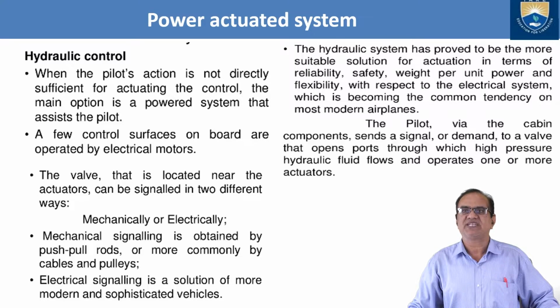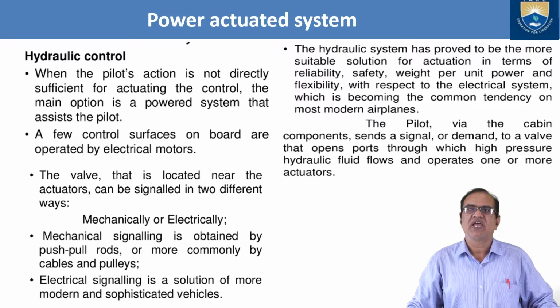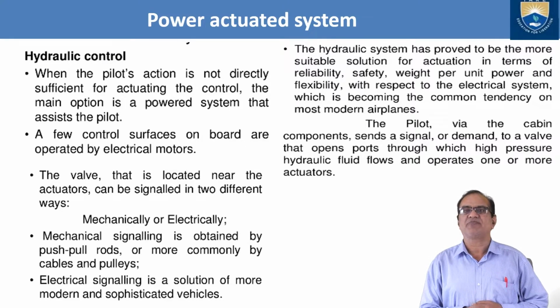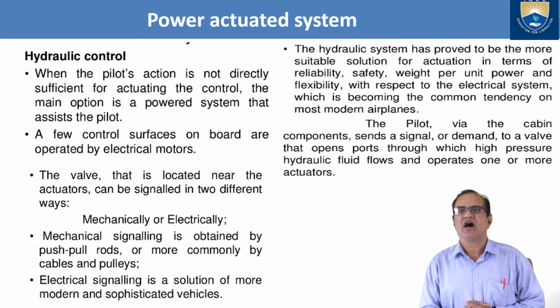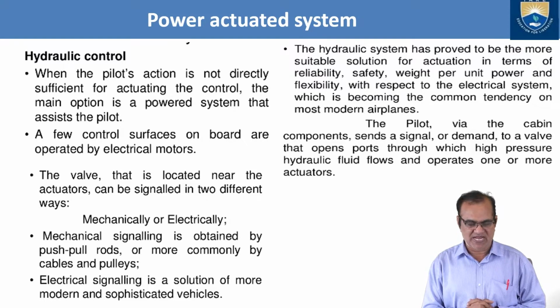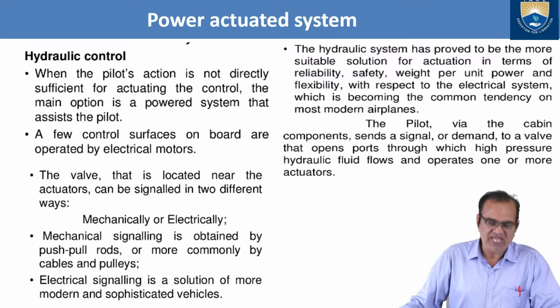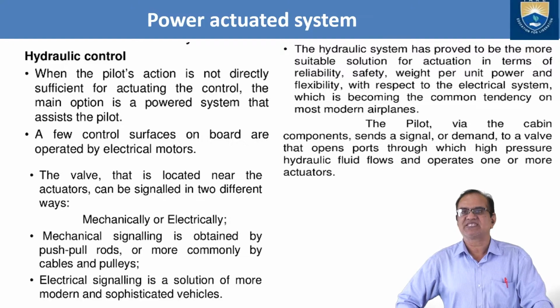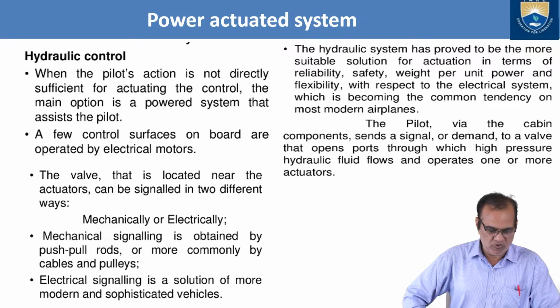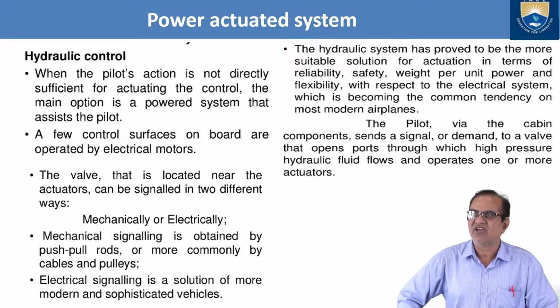The valve that is located near the actuators can be signaled in two different ways, mechanical or electrical. Mechanical signaling is obtained by push-pull rods or more commonly by cables and pulleys. Electrical signaling is a solution for more modern and sophisticated vehicles.